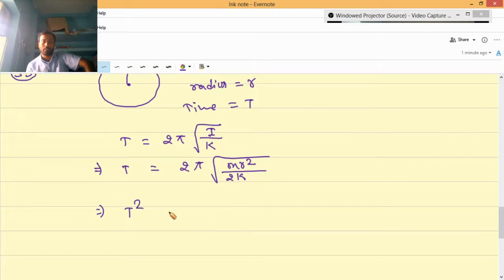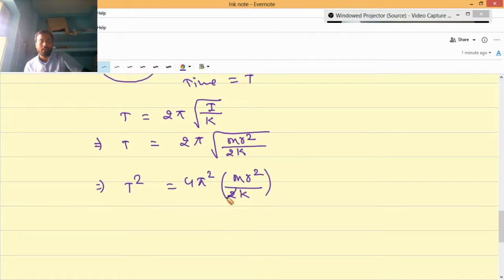So how we will do this problem: T² will be equal to (2π)² times mr²/2k, so we have just squared this term, and it becomes 4π² mr² by 2k.